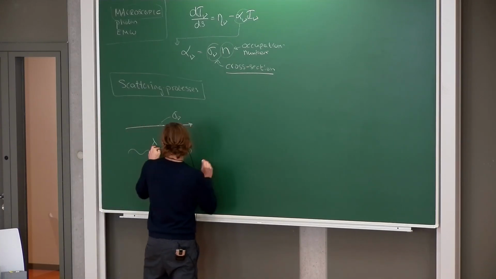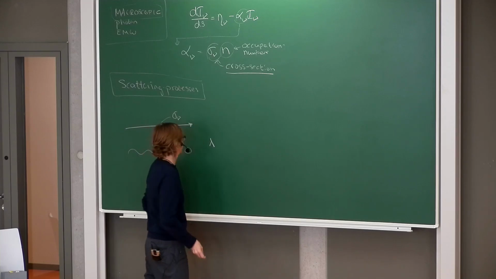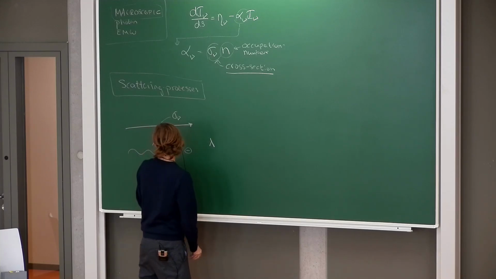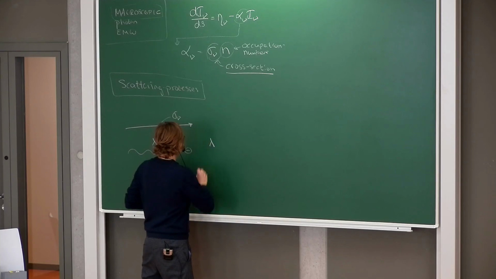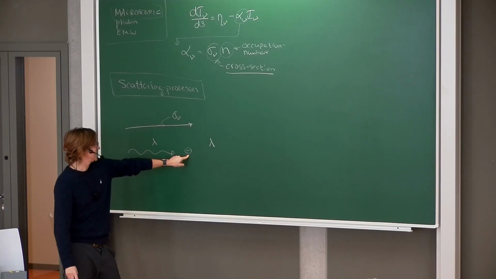Then this lambda is the typical wavelength of light. But now we have to consider what scale this interaction occurs on.